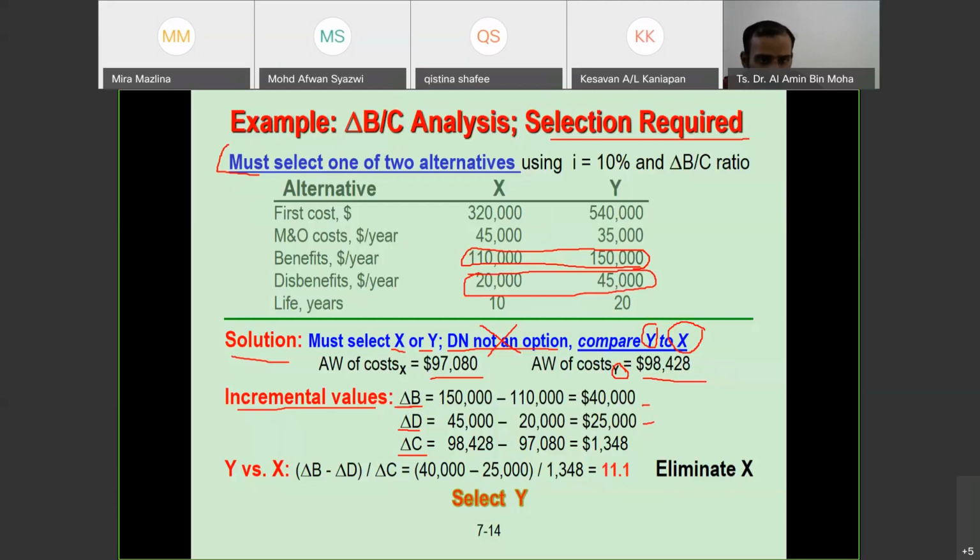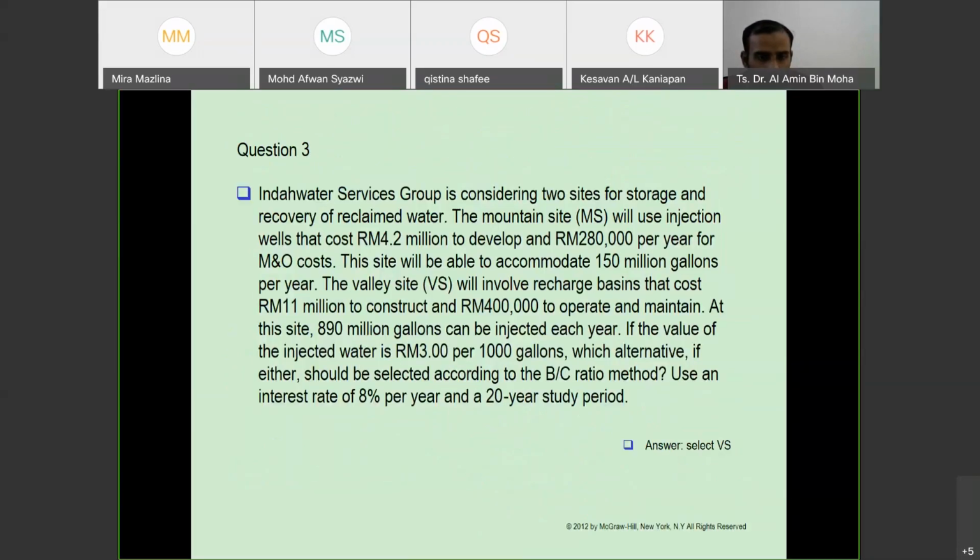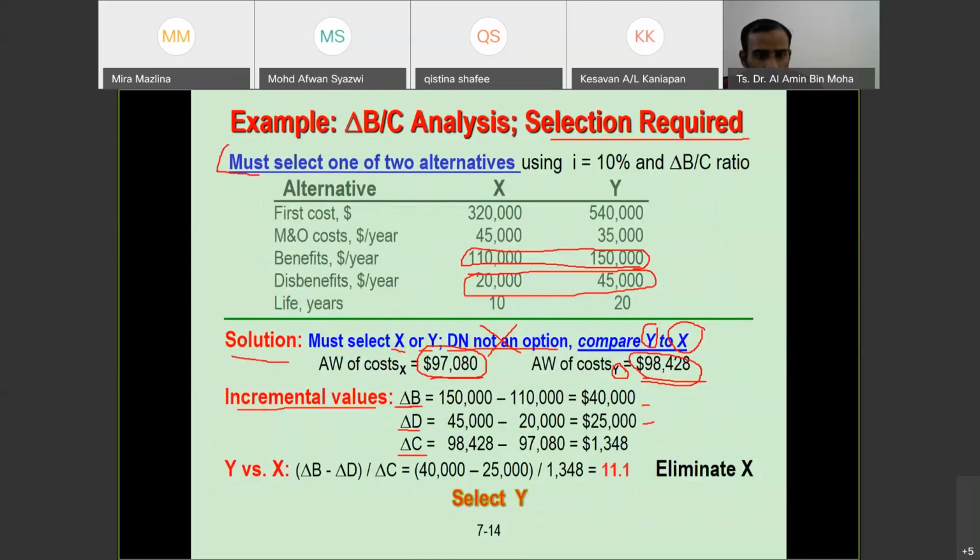And for cost, where do we get this from? Actually, we calculated it previously here. Since it's the same example, we just take the information. If it's not, then we need to calculate like this. So Y minus X, we got 1348.